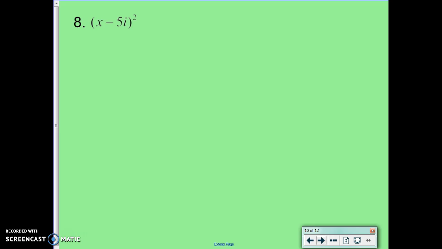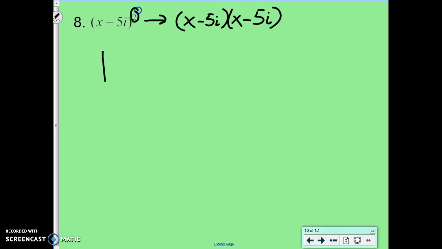Finally, in this case, we're going to see our old pattern of squaring binomials. Again, the first thing to remember here is that that is actually x minus 5i times x minus 5i. So we draw our Punnett square for it.